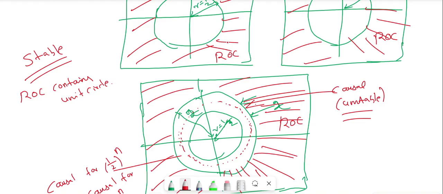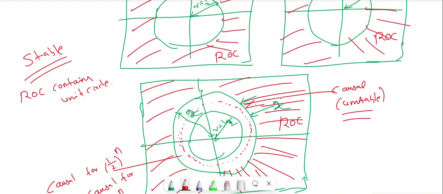So the ROC defines the system to have a finite amplitude. In order to have a finite amplitude, how are the poles located? Here |Z| greater than 1 by 2 is the ROC, here |Z| greater than 2 is the ROC. The condition for stability is that the ROC contains the unit circle, but in this case the ROC does not contain the unit circle.